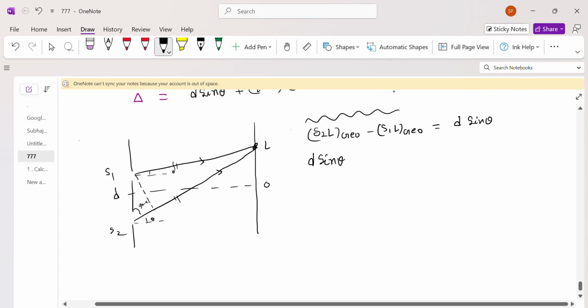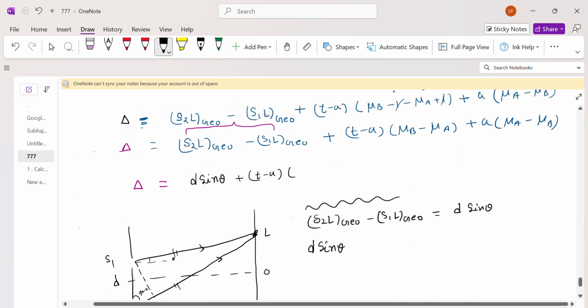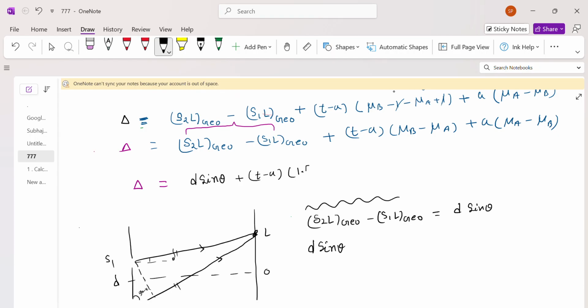So this will be 1.5 minus 1.7, plus a into 1.7 minus 1.5. So whatever, this d sine theta plus this t minus a, so this is minus 0.2 and this is plus 0.2 a.